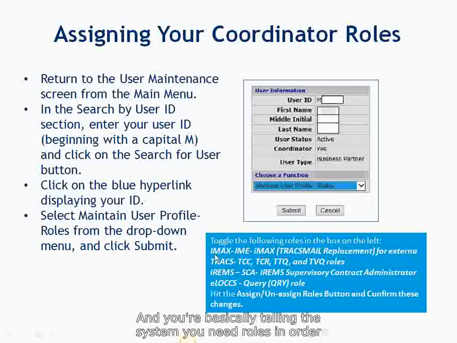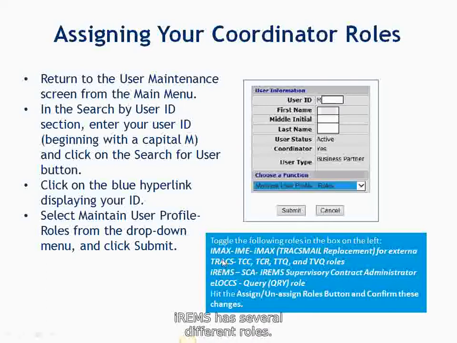And you're basically telling the system you need roles in order to access IMAX, Trax, so that you can see the Trax certification coordinator, Trax certification or recertification. Those are 2 new roles in Trax. Trax tenant queries and Trax voucher query roles. That enables you to see both 5.9s and the status of your voucher submissions.